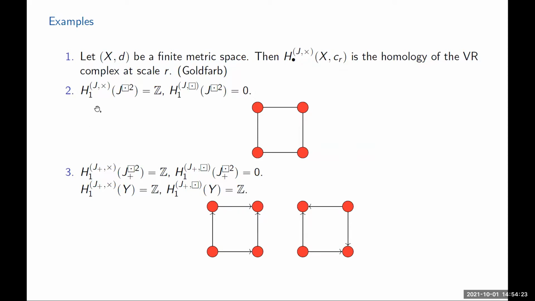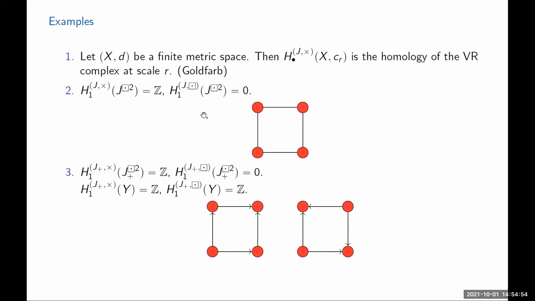And then if I wanted to look at H1 with respect to J and the regular product of J with itself and the inductive product, so it's this square without the diagonals. From the above theorem, this should just be the same as the Vietoris-Rips on this square, so it should just be Z. If you define CR to be 1, this is like a metric space where the distance between each one is 1, the weight on all the edges is 1.